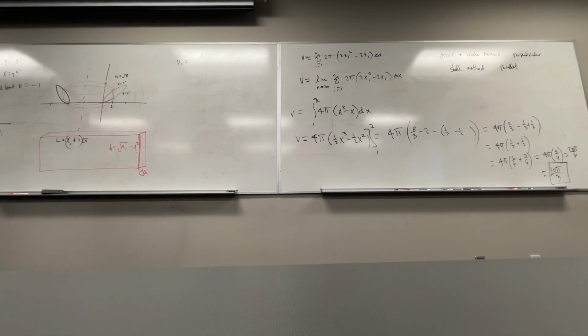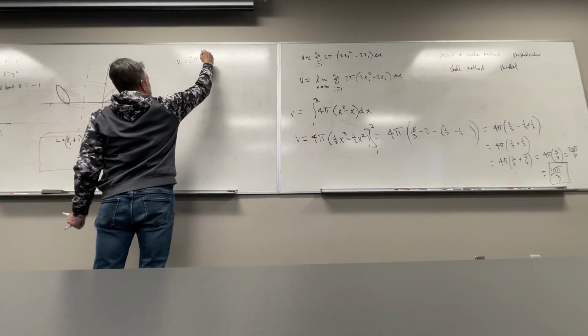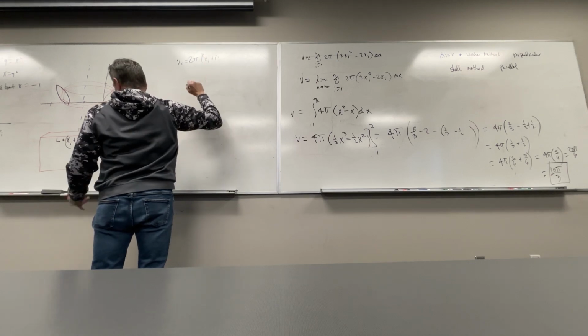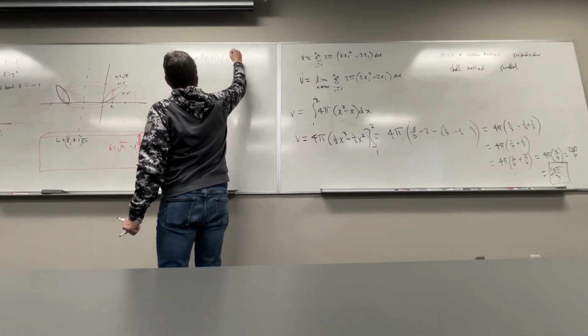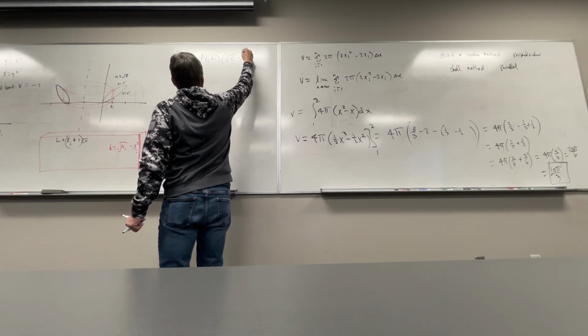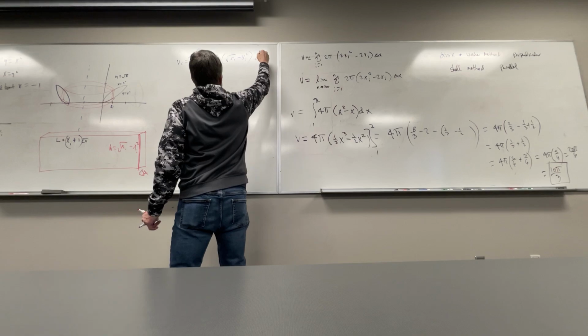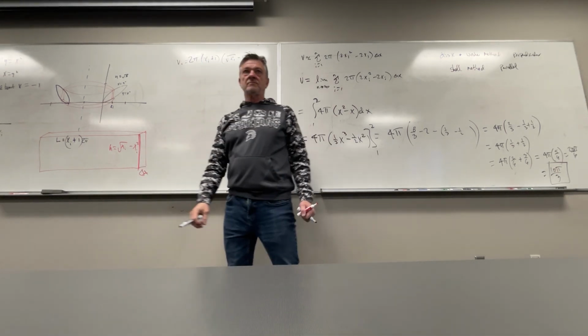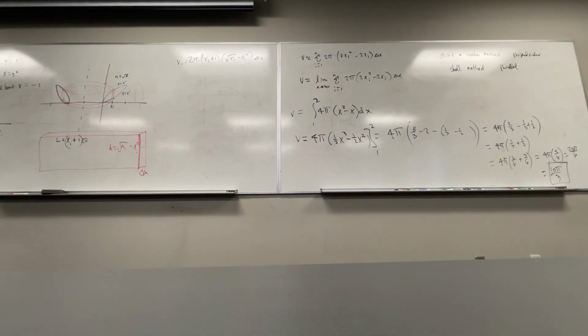Okay, so here we go. We've got 2 pi times x sub I plus 1, times the height. So that's going to be the square root of x sub I minus x sub I squared, times delta x. Probably want to call that x sub I to the 1/2, right?